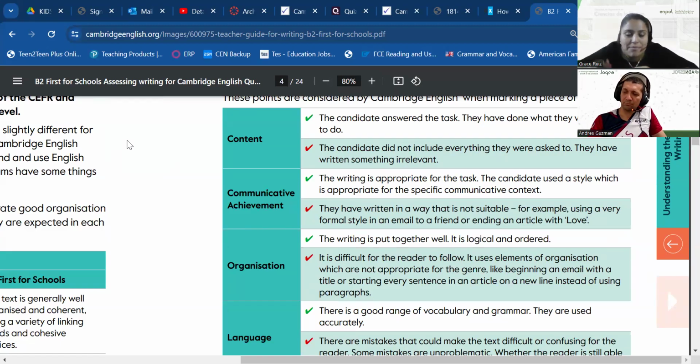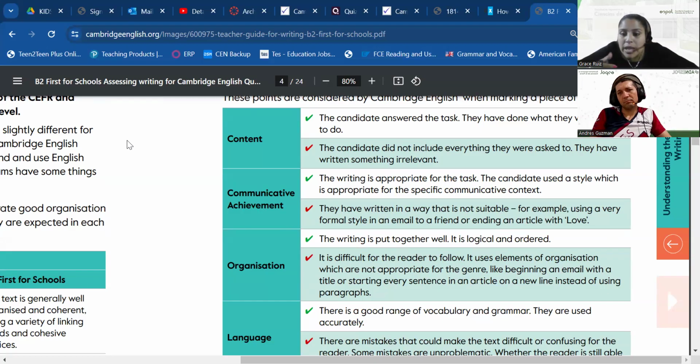¿Cuándo se vuelve un problema? Cuando dice acá, it is difficult for the reader to follow. Ahí se vuelve un problema, ¿ya? If it uses elements of organization which are not appropriate for the genre. For example, le ponemos un discussion topic cuando es un essay, por ejemplo. Le ponemos subtitles a algo que es un essay y no necesita subheadings, por ejemplo. ¿Ya?